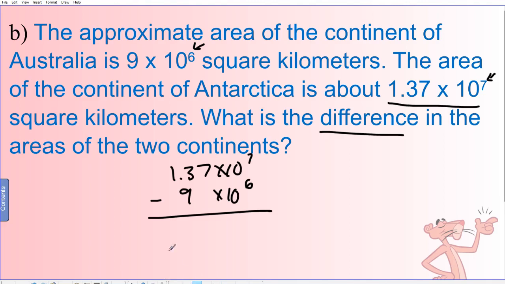If you did change them both into scientific notation, it would look like this: 1.37 times 10 to the 7th, and to make this a 7, you'd move the decimal one more place this way, makes this 0.9.